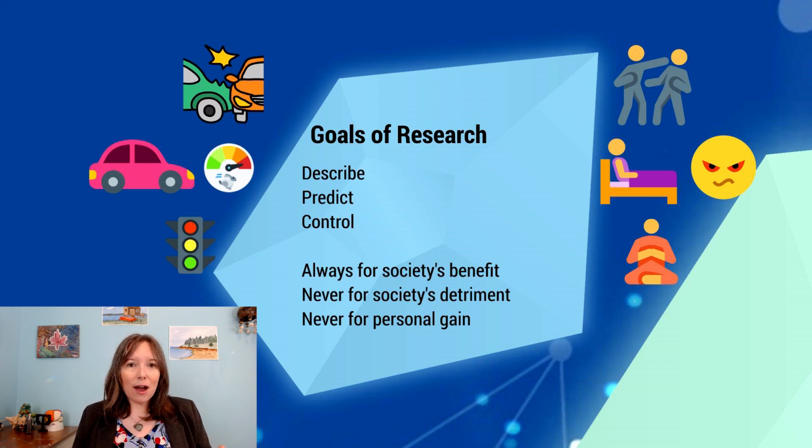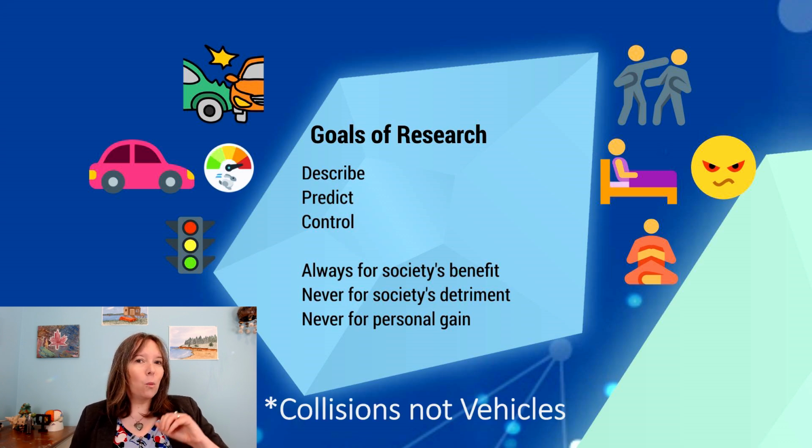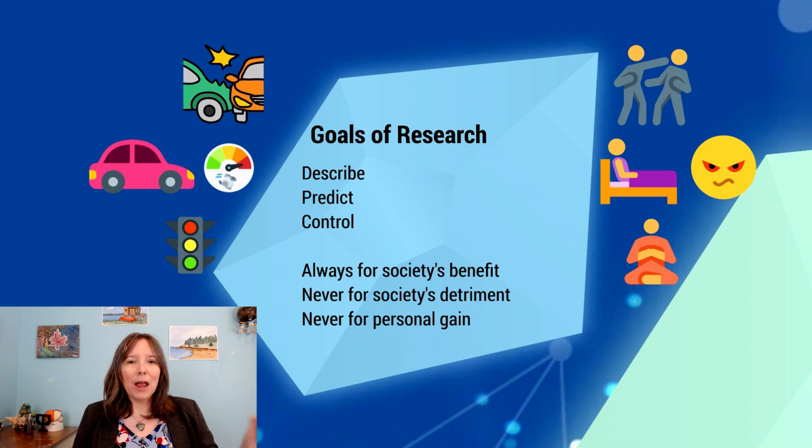Once you learn to describe how these collisions happen, we can start to try and predict them. We can start to ask, will collisions happen more often when we're going at certain speeds? And then you might find, yes, anything beyond a certain speed limit on a certain type of roadway tends to be more predictive of an automobile collision. After you predict it, we can try to control it, with speed limits or traffic lights. We can try to control it by implementing automobile passenger laws, like wearing a seatbelt.